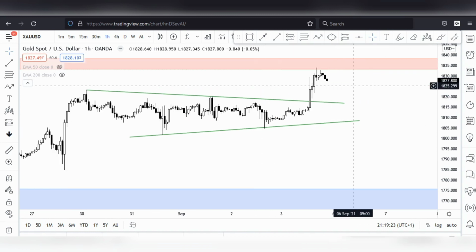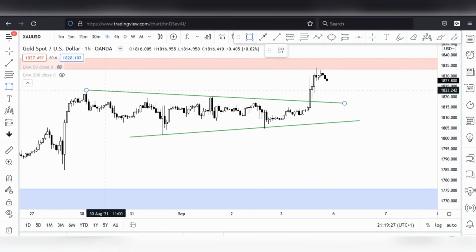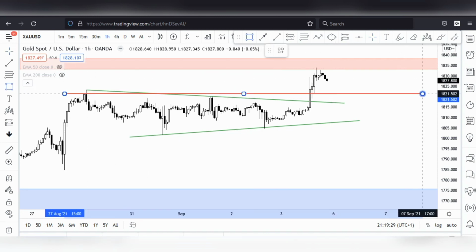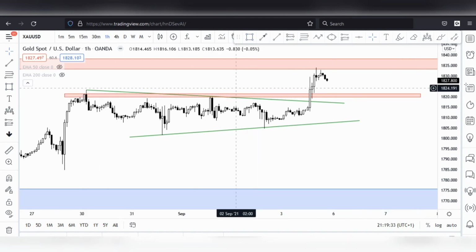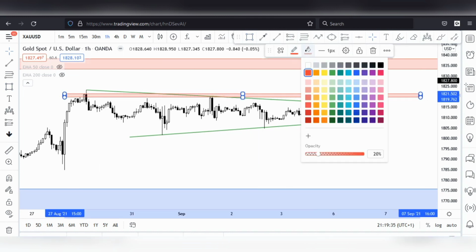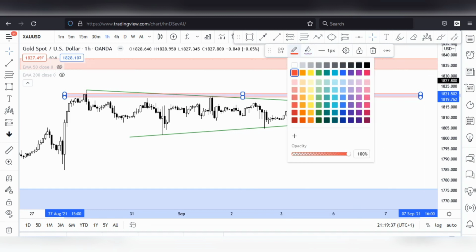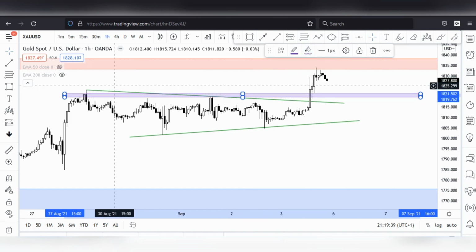Again, as a day trader, you'll be looking for important areas. This is an important area of support over here, an area that price has tested before in the past. See, the purple, yeah. So an area that price has tested here and here.